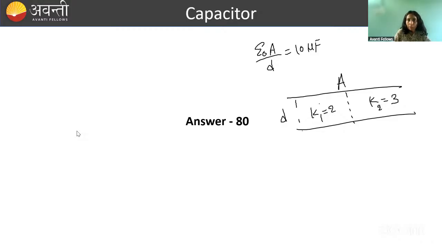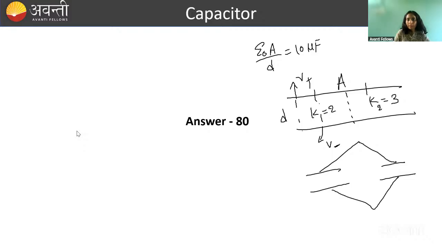You can see, because this plate and this plate are part of the same plate, so same potential. Similarly, if it has potential V plus, it has a potential of V minus. So the potential difference across the two capacitors having dielectric 2 and 3 is V plus minus V minus. So we get two parallel capacitors. Then we calculated the capacitance.